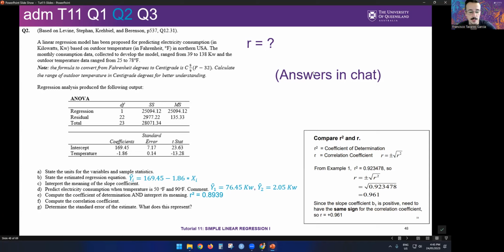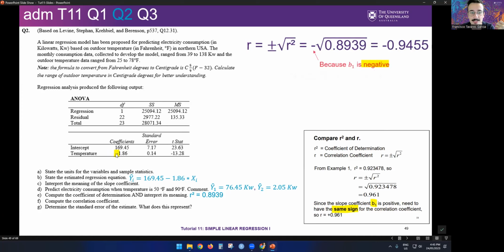And it's nothing different than our R squared, our coefficient of determination. The only thing is that we need to be careful because R squared is always a positive number. So it doesn't carry if the correlation is positive or negative. So you need to be aware of our B1 there. All right. So for our R, you just take the square root of R squared that we just found, 0.8939.